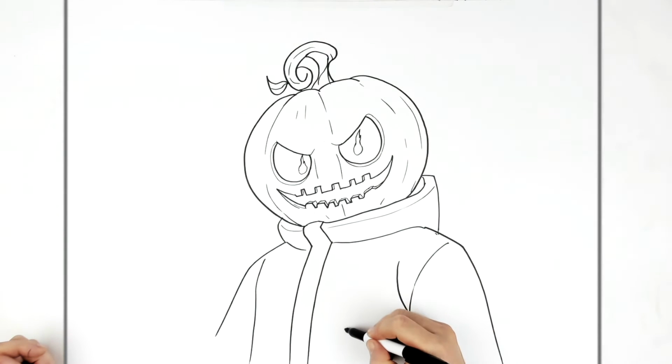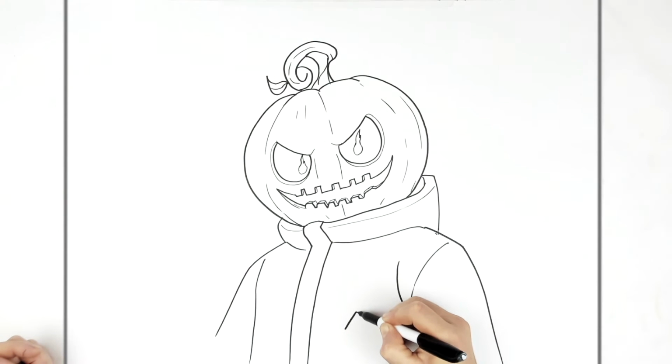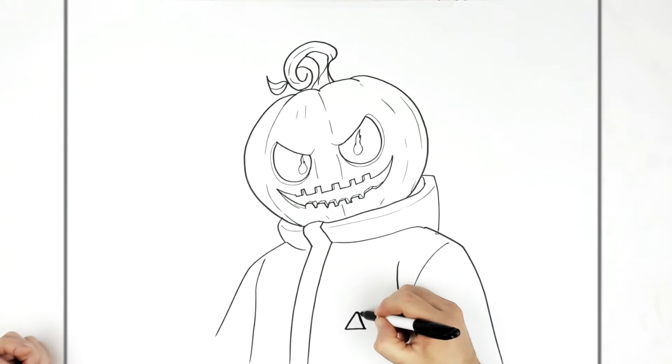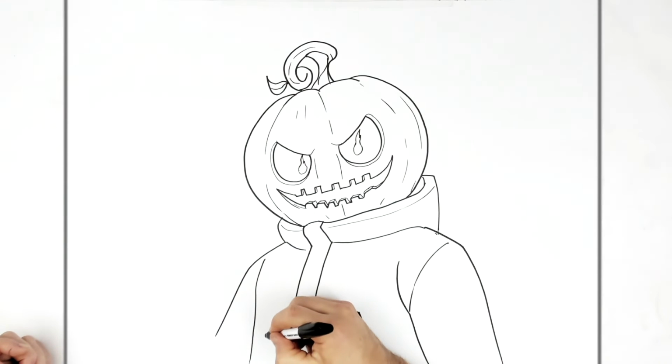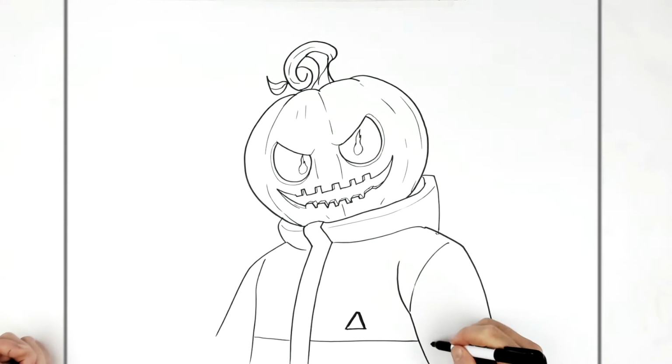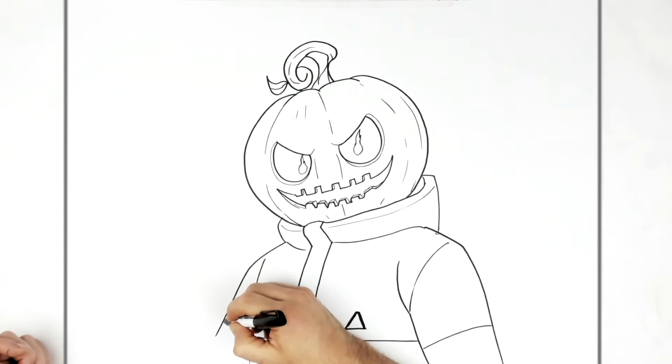And he's got this symbol on his jacket, and then a black line coming across his clothing.